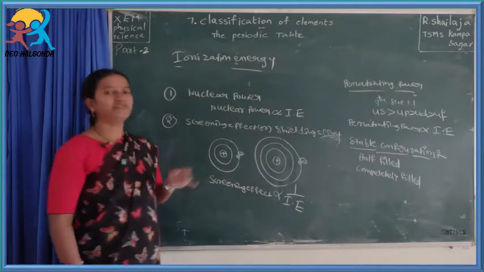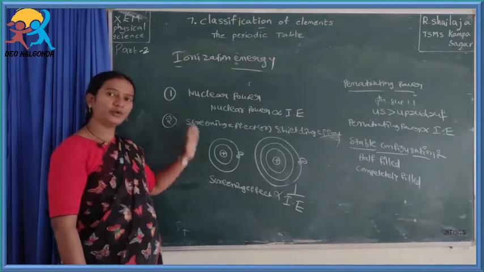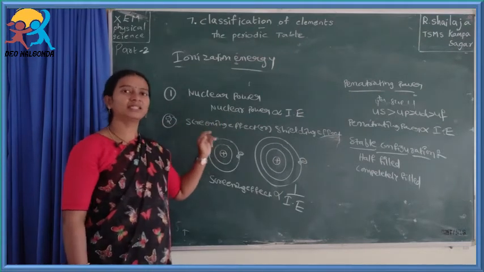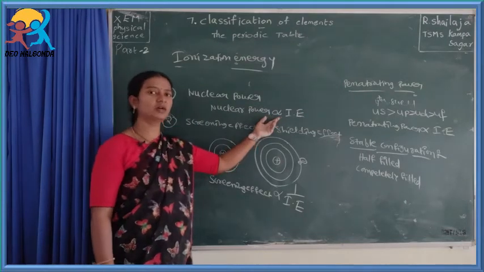Okay. So, these are the factors affecting the ionization energy. Generally, ionization energy decreases in a group from top to bottom, and increases in a period from left to right. If nuclear charge is more, ionization energy is also more.